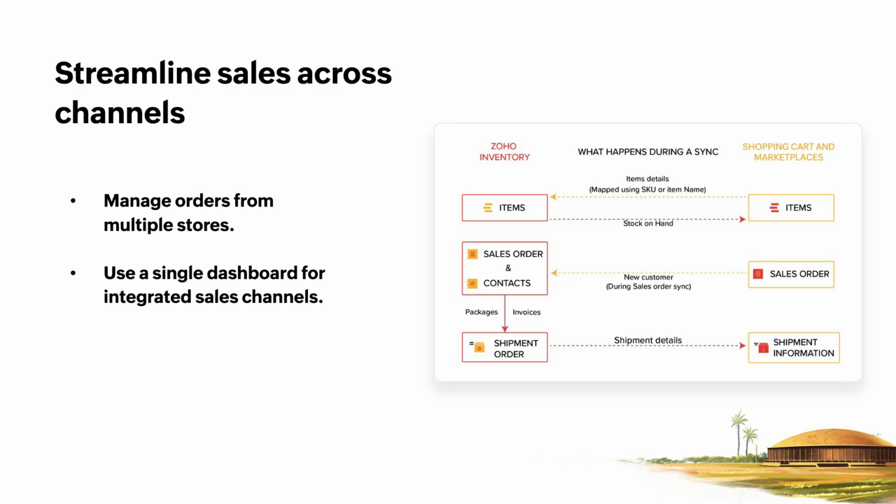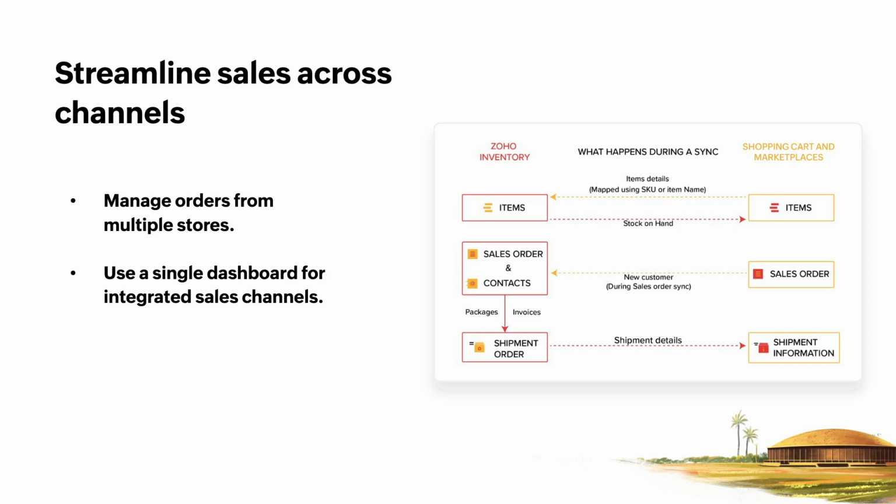So let me give you a quick example of how this is going to make a big difference for you. Let's assume you're running a business and you choose to sell on multiple channels. That is, you have your own physical store, a brick and mortar store, and you also choose to sell on Zoho Commerce, and you also have a store on Amazon.